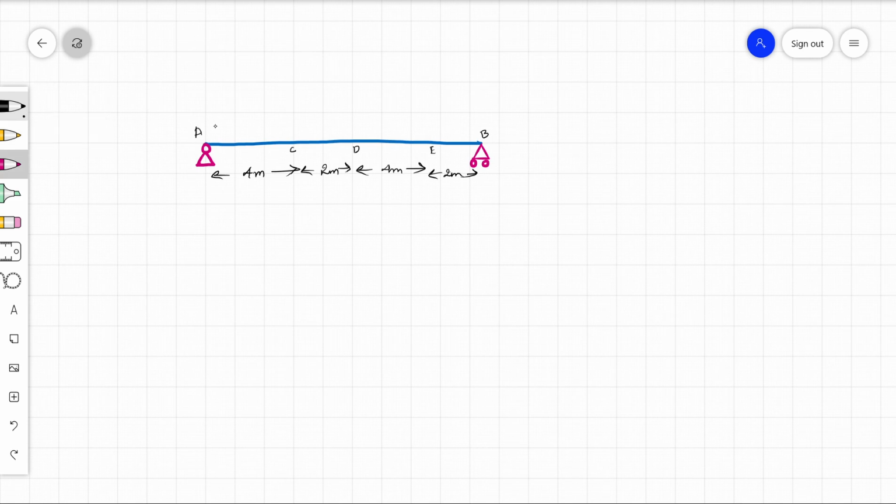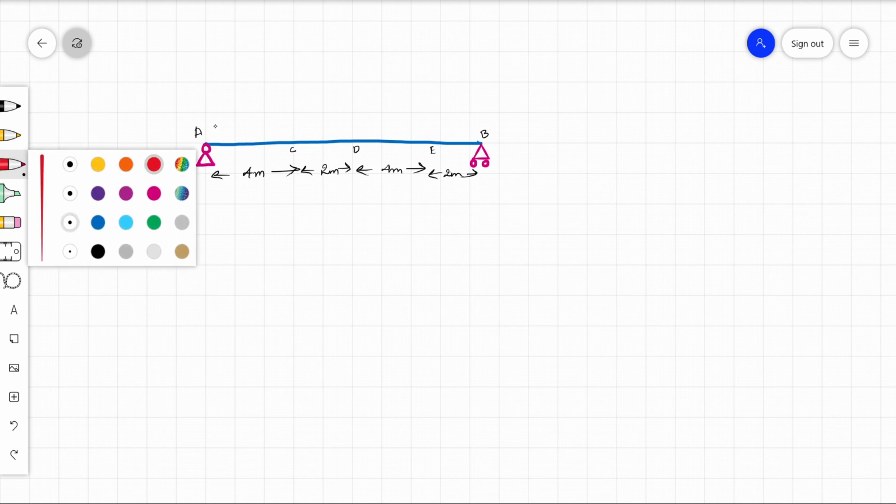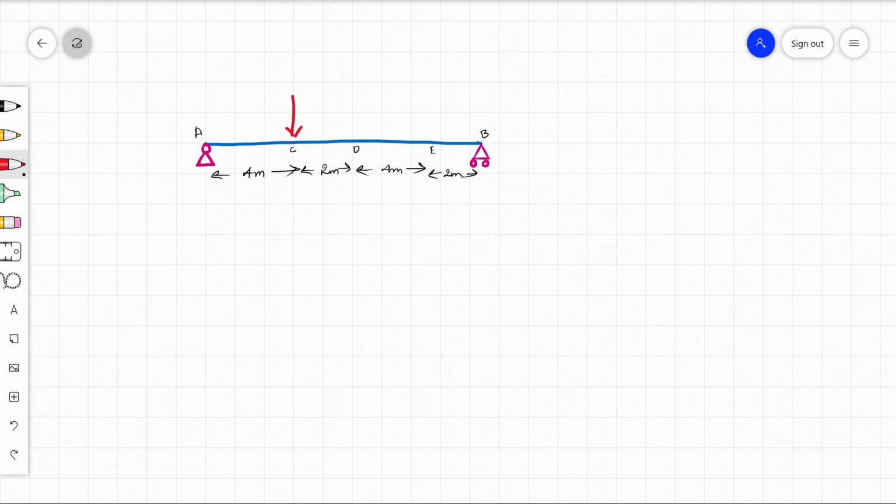Now let us understand what type of load is governing. At C, there is a point load, and the magnitude is 10 kilonewton. At D, there is an inclined load, and the magnitude is 15 kilonewton.